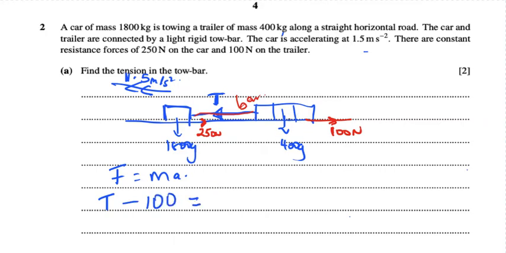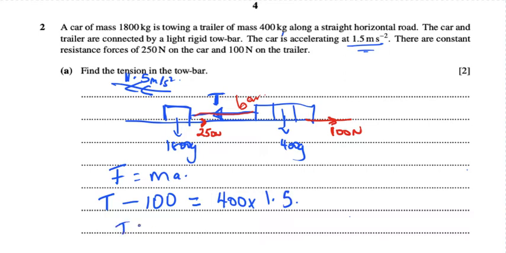The mass of the trailer, because the trailer is between T and 100, so 400, and the acceleration, the trailer is moving at the same acceleration as the car, 1.5.